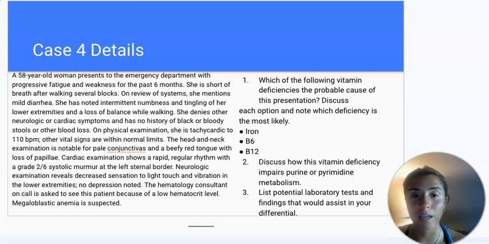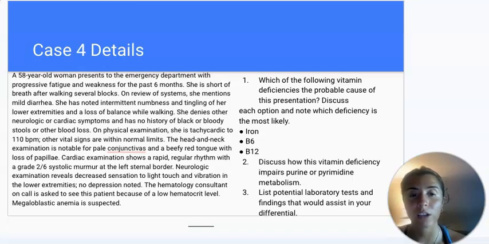On physical examination, she is tachycardic to 110 beats per minute. Other vital signs are within normal limits. The head and neck examination is notable for pale conjunctivae and a beefy red tongue with loss of papillae. Cardiac examination shows a rapid, regular rhythm with a grade 2/6 systolic murmur at the left sternal border.